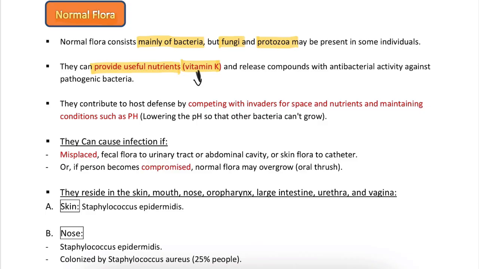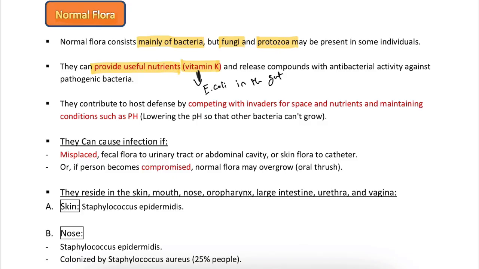So this E. coli will produce vitamin K, which is a very essential vitamin. It will help to clot blood.